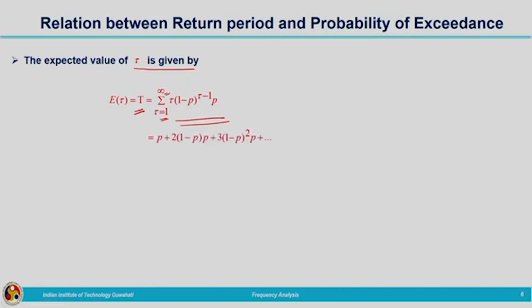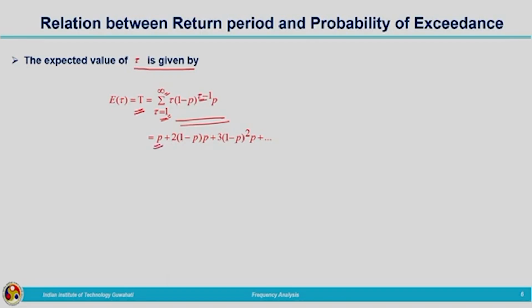This can be expanded in this way, by giving the values from 1 to infinity. For example, consider tau equal to 1. Tau multiplied by 1 minus p to the power of tau minus 1, that is 1 minus 1, which is 0. So, we will have 1 into p, it is the first term.